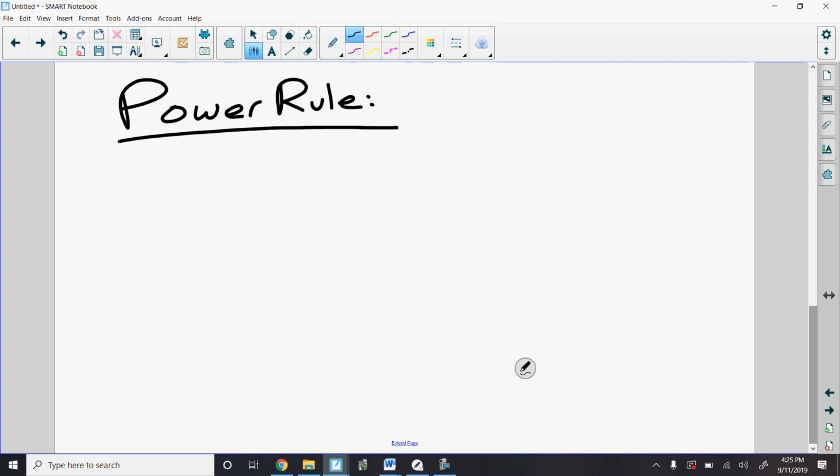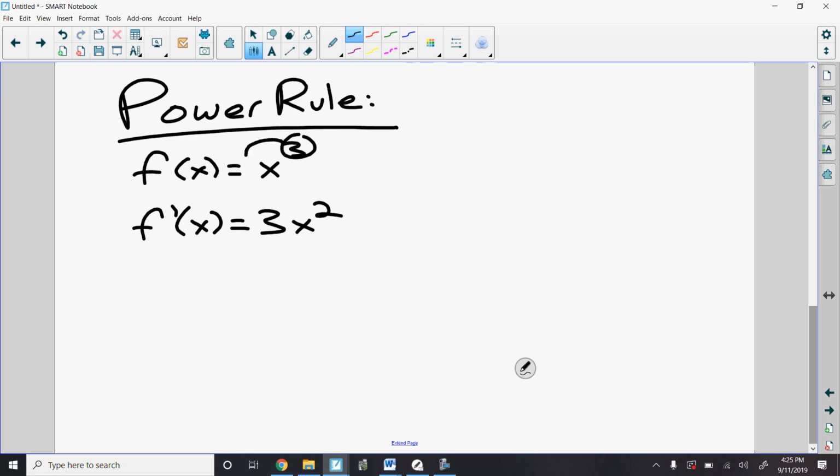Let's think back to this one from the homework. Doing the limit definition, you should have found f prime of x to equal 3x squared. Well, the trick is, we take our power and multiply it out front.